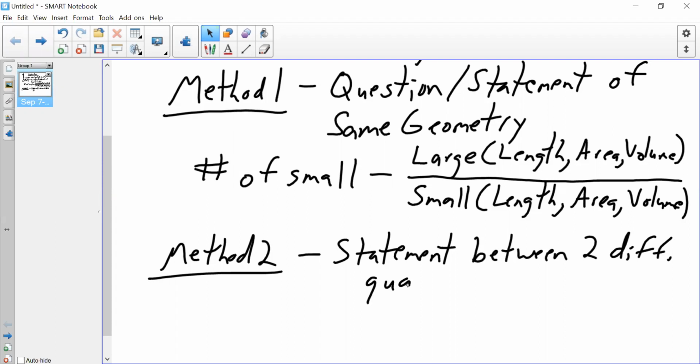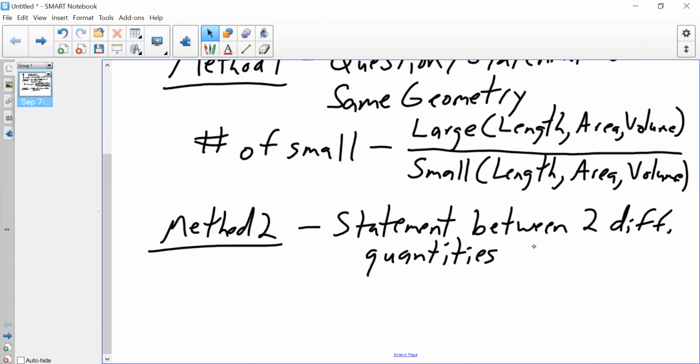I'll explain that here in a moment. For example, we wanted to estimate the number of breaths in 1 million years. The quantities are breath, years. So when we have two disparate quantities, there's a particular method that we can use to solve these type of problems.